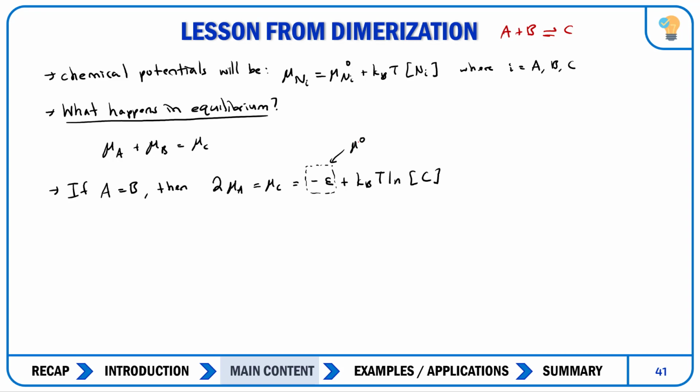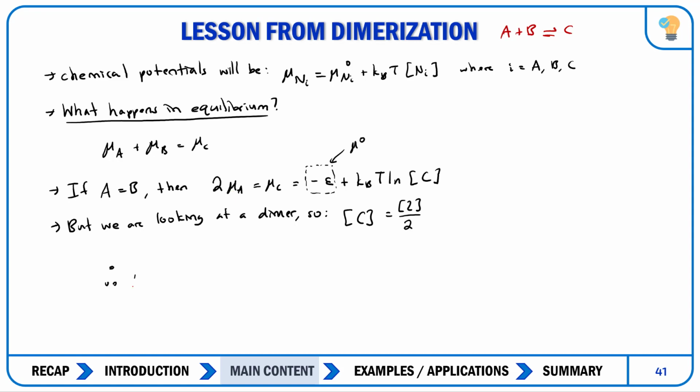But we are looking at the dimer. So we know that the concentration here is simply going to be the concentration of our dimer divided by however many molecules there are in one dimer, which is 2. So therefore, I can state the chemical potentials for each of these.